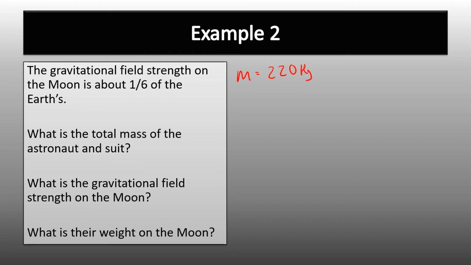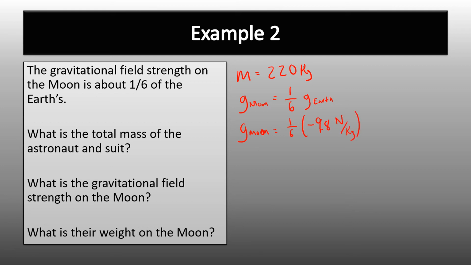So we can write it like this: the gravitational field strength on the moon is 1/6 that on Earth. And we know the gravitational field strength on the Earth, so we can plug in 1/6 times negative 9.8 meters per second squared, but they're asking about the gravitational field strength, so let's give units for gravitational field strength.